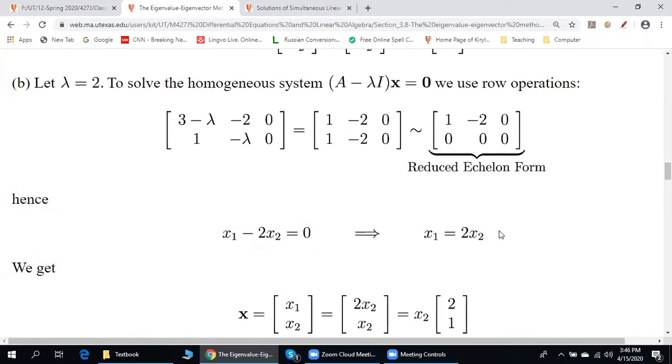So why would it be wrong to, instead of saying x equals x2 times the matrix 2, 1, say x equals x1 and then the matrix 1, 1/2 or something like that? It is not wrong if you rewrite x2 as 1/2 x1.